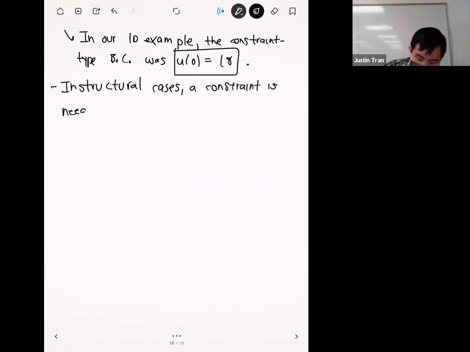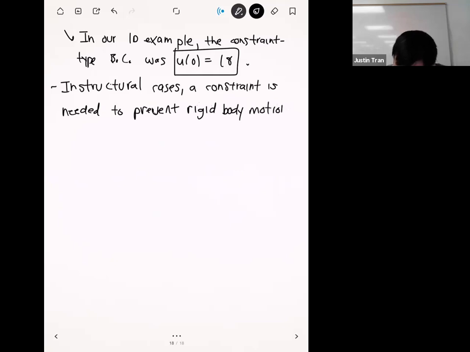The reason it's needed for structural simulations is that if you don't have a proper constraint, then what you're going to have is rigid body motion, okay? And oftentimes you don't want that. Remember, when you're doing a static structural simulation, you want your structure to be static, right?